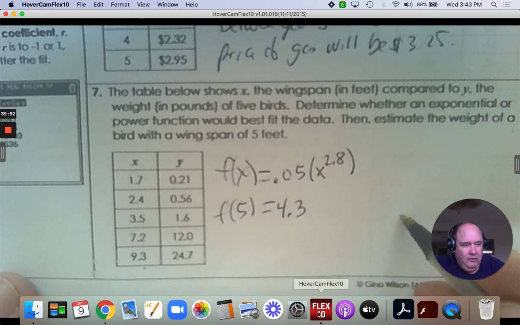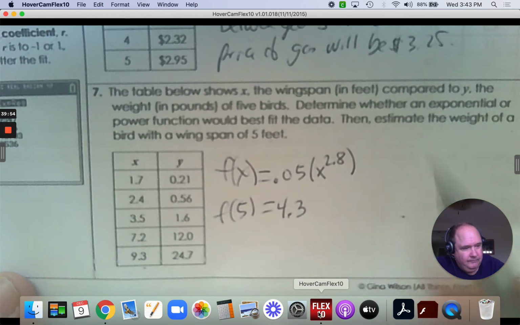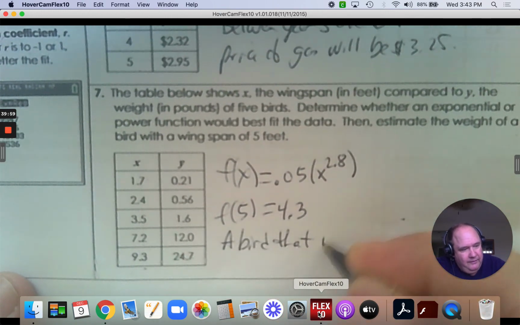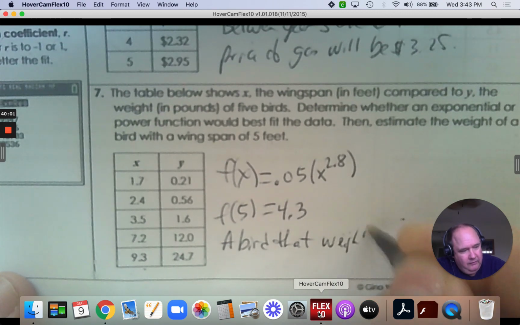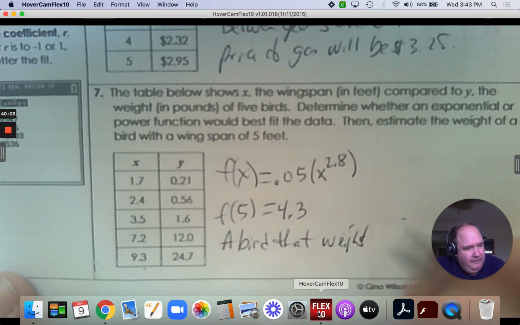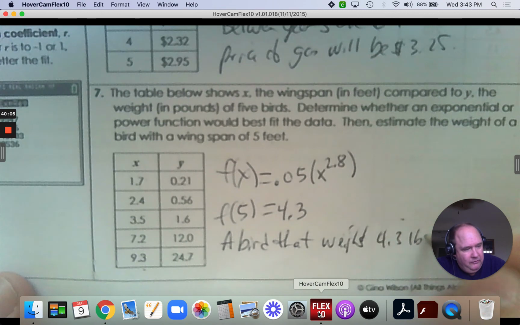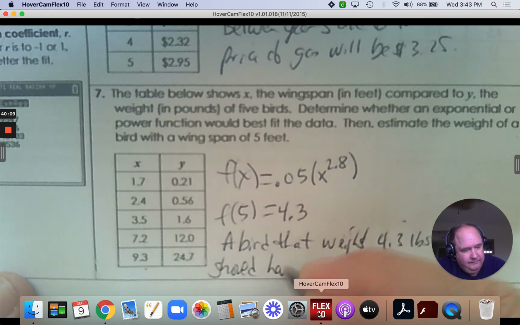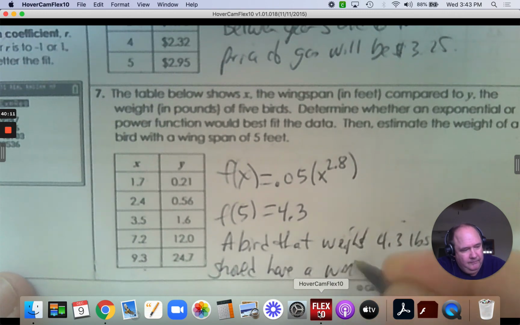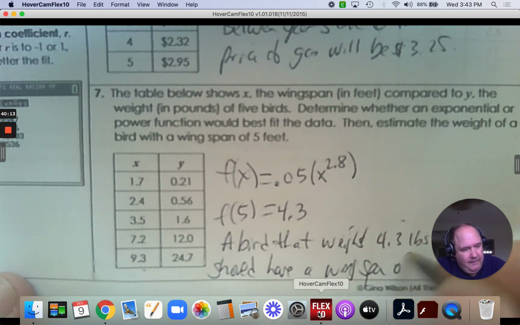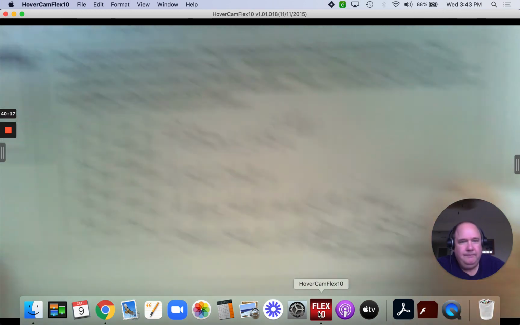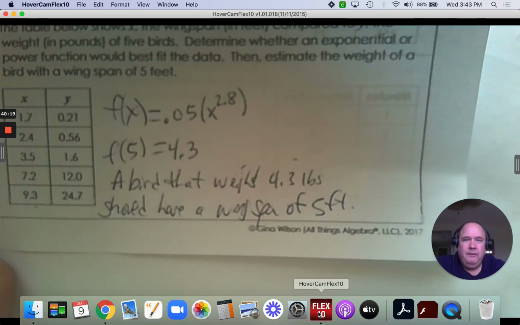So now write a good sentence. A bird that weighs 4.3 pounds should have a wingspan of 5 feet.